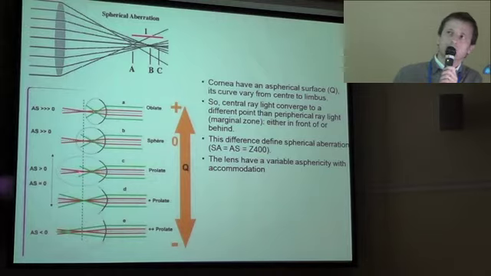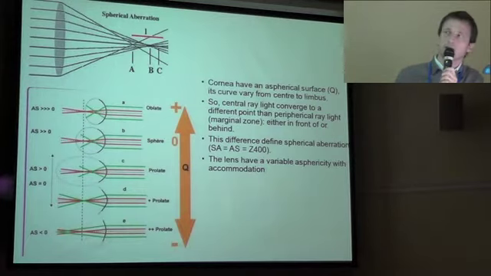This difference defines the spherical aberration. For a prolate shape, the spherical aberration is positive. For an oblate shape, it is positive too. And if you have a hyperprolate shape, you have a negative spherical aberration.